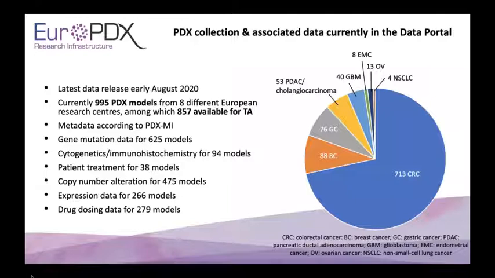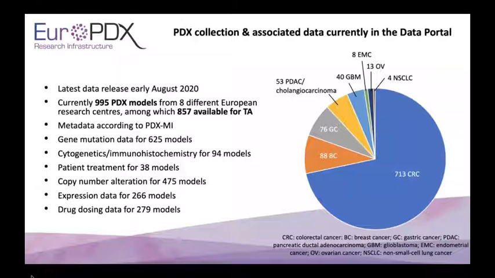Upon the latest data release this summer, we have almost 1,000 PDX models from 8 different research centers and even more research teams, among which a little more than 850 are available for transnational access. The others are only available on a collaborative basis, that means by contacting the owners of the models directly.